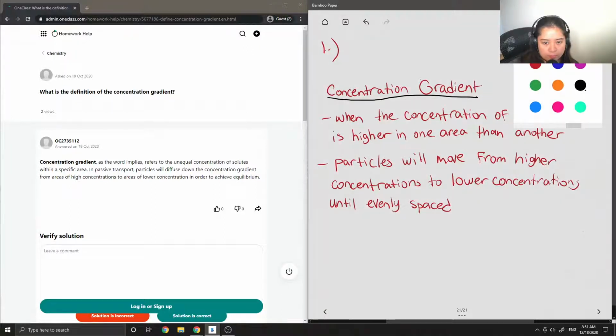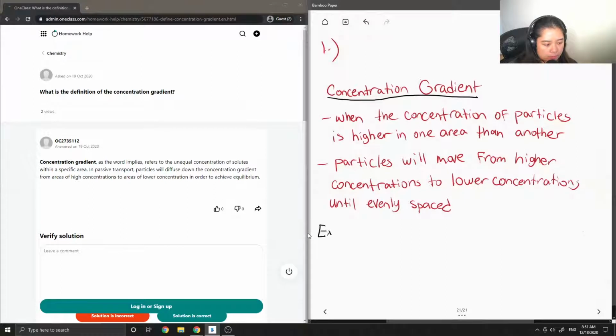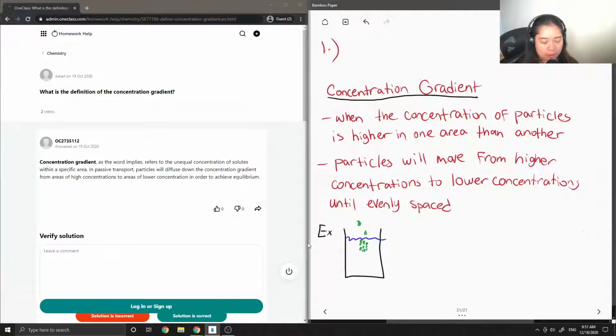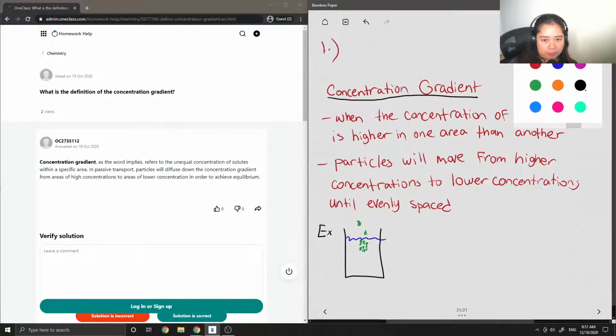Okay, so for example, let's say you had a glass of water and you were to add some food coloring to it. Let's pretend we added some green food coloring. Initially, all of the dye would just be in one area of the glass of water.